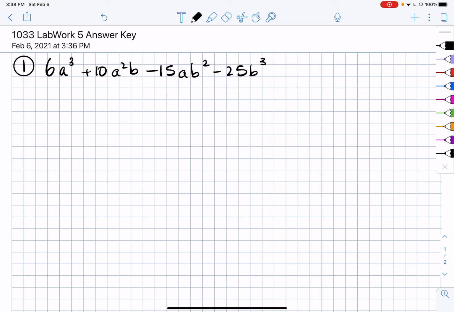So I need to find two numbers that multiply together to give me 105, and yet add together to give me negative 38. And what I would get is a negative 3 and a negative 35. So check those out. Negative 3 times negative 35 gives you a positive 105. Negative 38 is negative 3 plus negative 35.